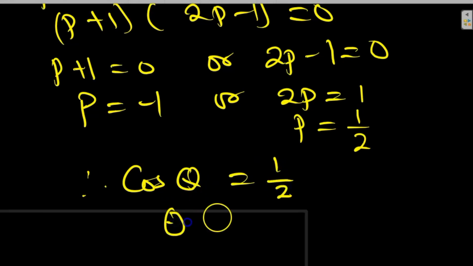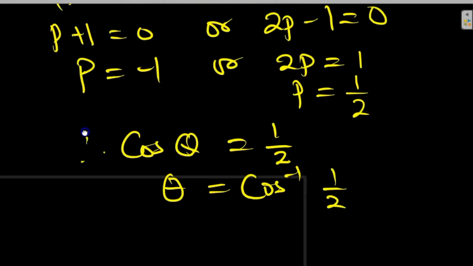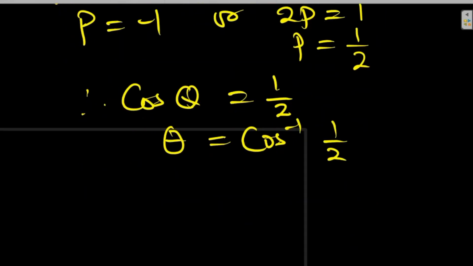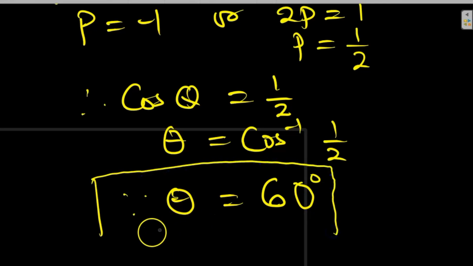So theta is the cos inverse of 1 over 2, which is 60. We rejected minus 1 because that value is not in the first quadrant. Therefore, theta is equal to 60 degrees.